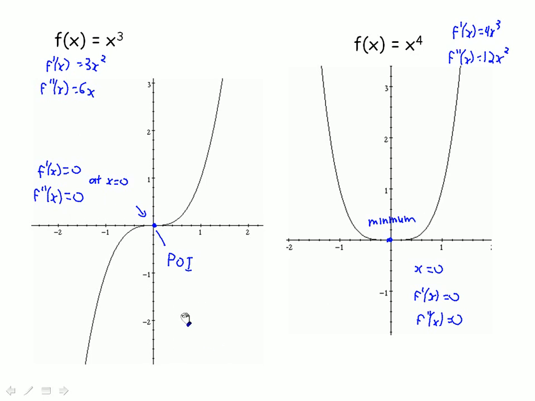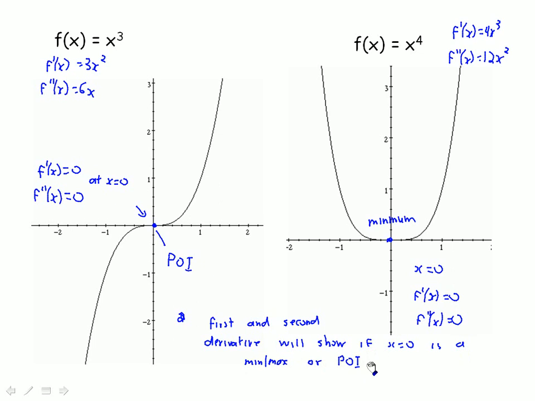And the way you tell is first and second derivative analysis will show if x equals 0 is a min or a max, or a point of inflection. But just setting them to 0 won't be enough.